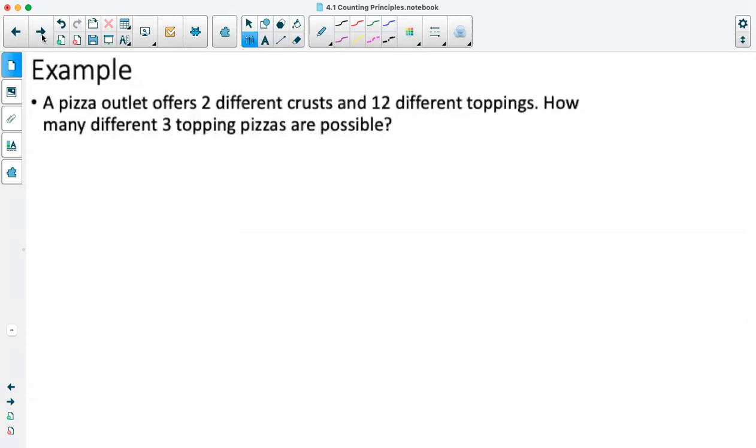Next example, a pizza place offers 2 different crusts and 12 different toppings. How many different three-topping pizzas are possible?